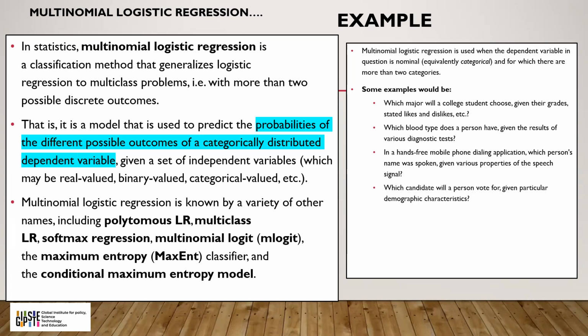Also, which candidate will a person vote for, or we have more candidates, given particular demographic characteristics we want to test. Then which country would a firm locate an office in, given the characteristics of the firm and of the various candidate countries. So in all these things, you see that we have the dependent variable with more than 2 categories.